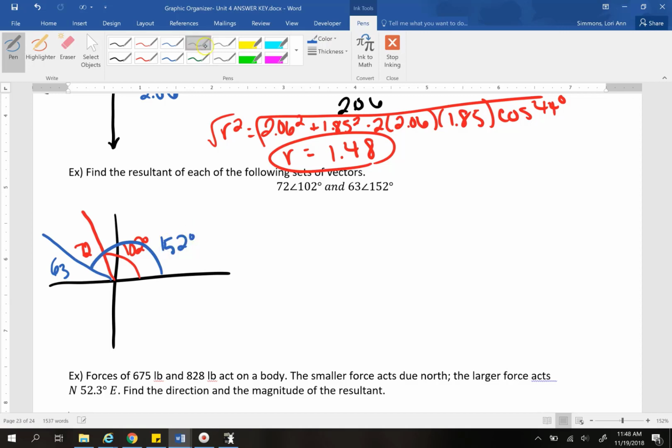So we're looking for this resultant right here. What we're going to do is make a parallelogram out of it. This length is 72 over here. This is 63.